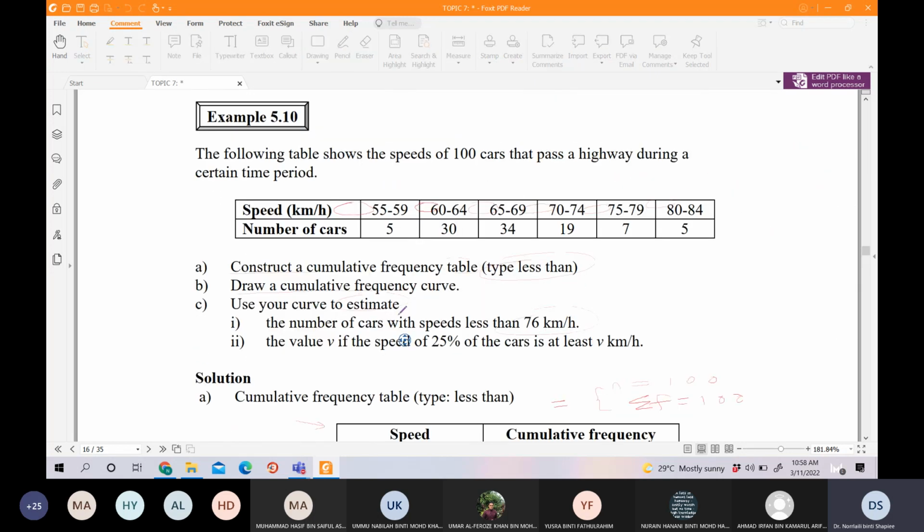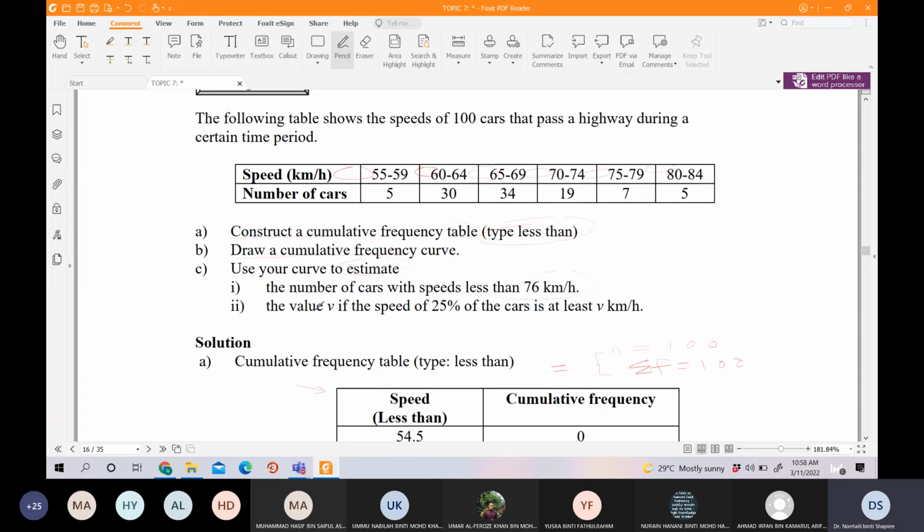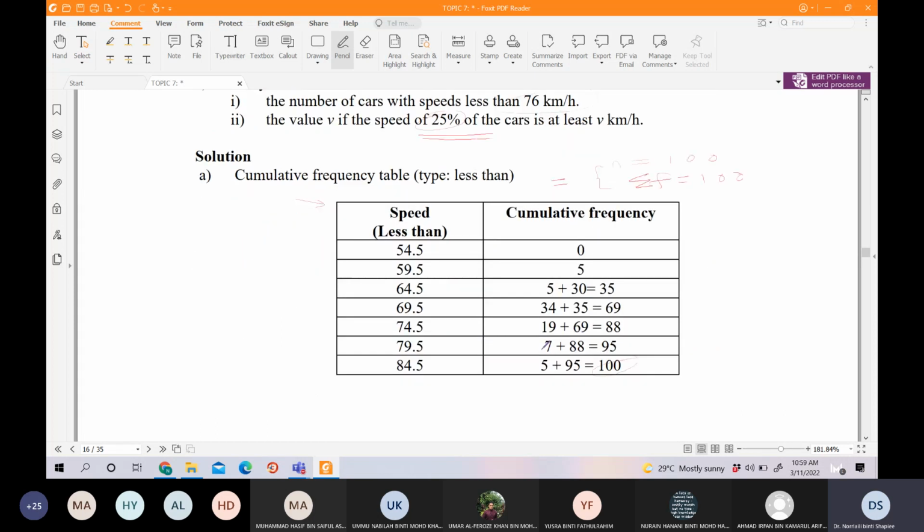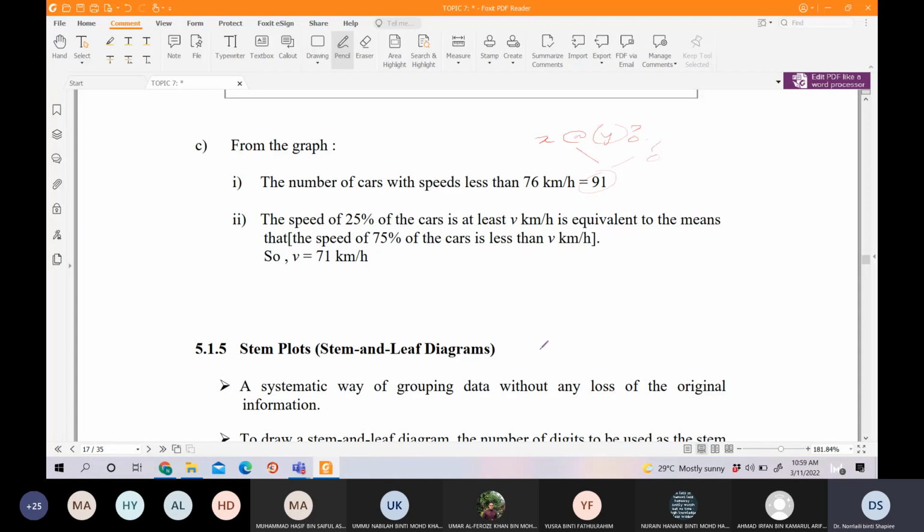What is the next question? The question is: the value of V if the speed of 25% of the cars is at least V km per hour. Okay, 25% of the cars. What does this mean? It says 25%. Why does it say 75% of the cars instead?